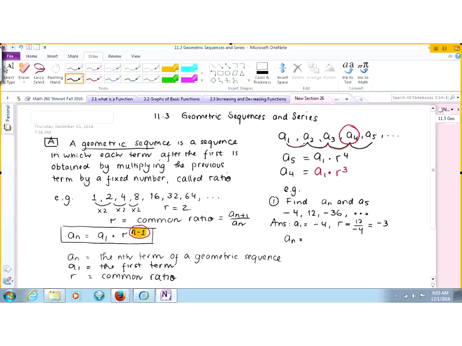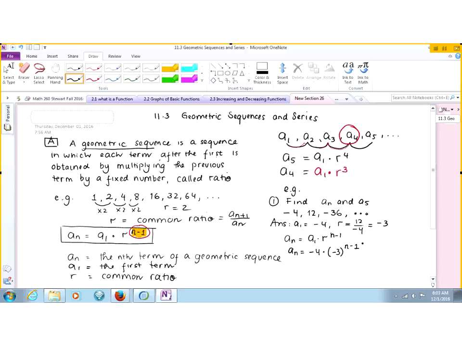Now, a(n) is equal to a1 multiplied by R raised to the n minus 1. So a(n) is equal to -4 multiplied by -3 raised to the n minus 1, isn't it?